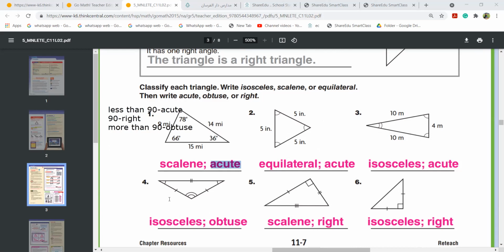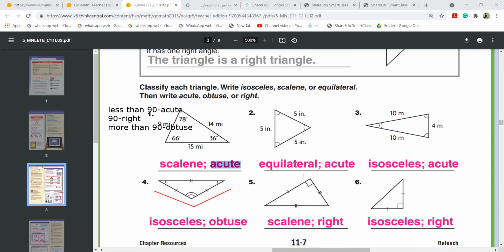Coming to this picture, why obtuse? Who will tell me why this is obtuse? Because you have an open one. See how it is open? This is not closed. A big mouth. Open mouth, right? Obtuse.